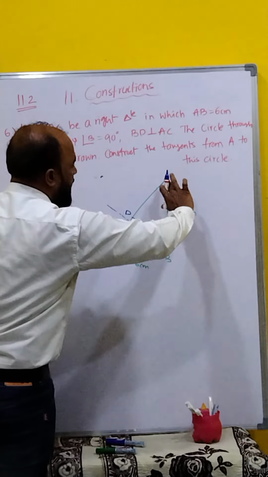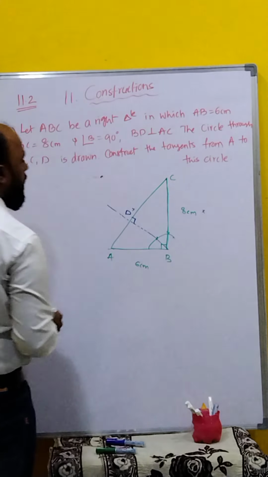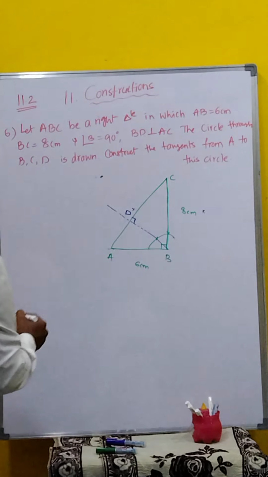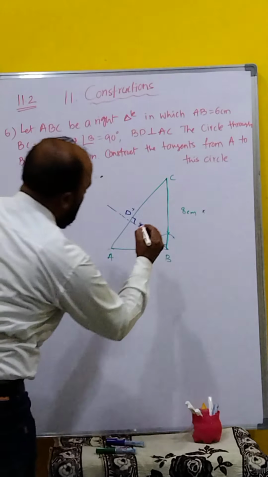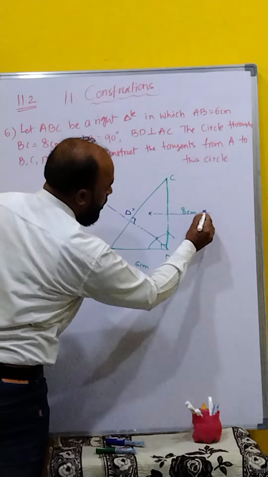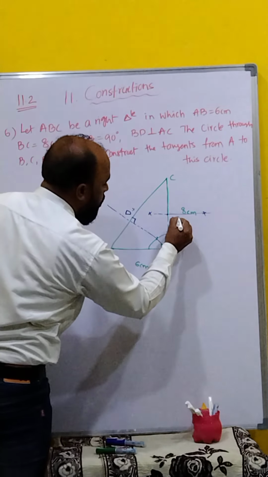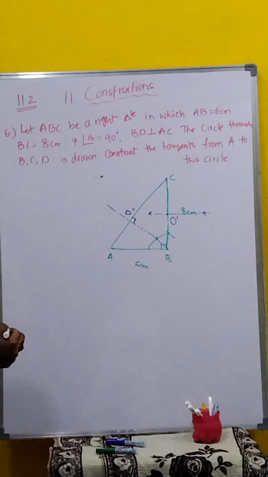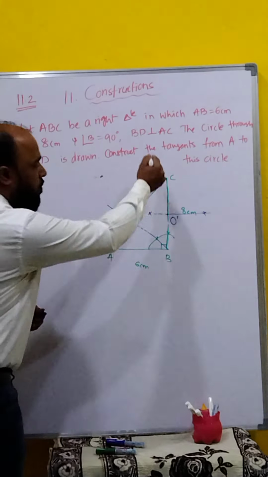Using B as a center and C as a center, draw two arcs, this side and this side, and passing through these, draw a perpendicular line. Suppose this is O dash, or O, whatever you select. This is the perpendicular bisector of BC.